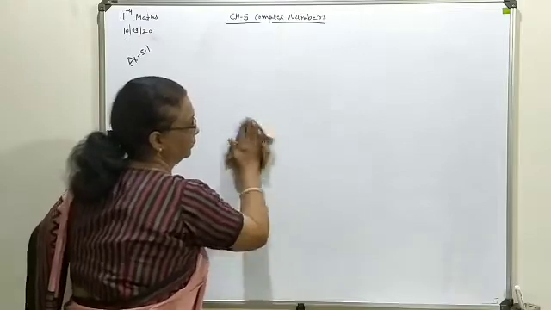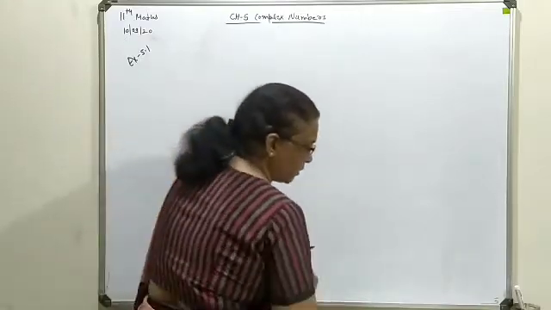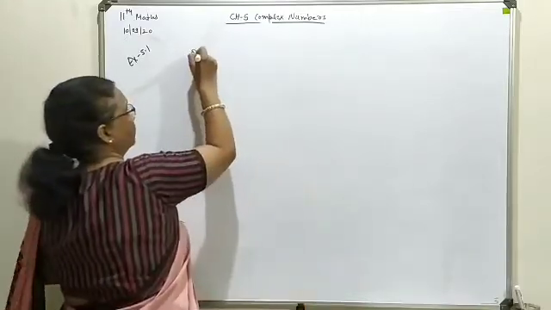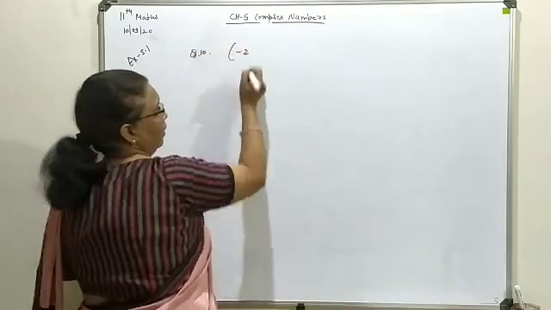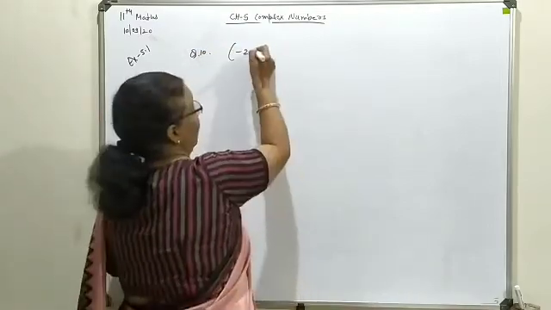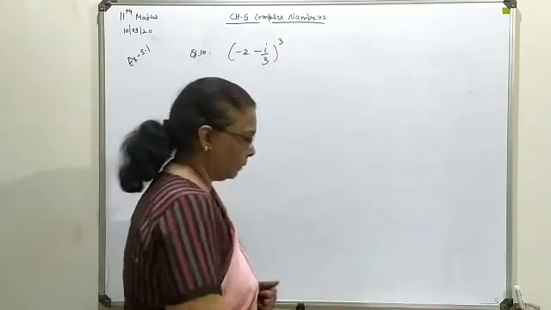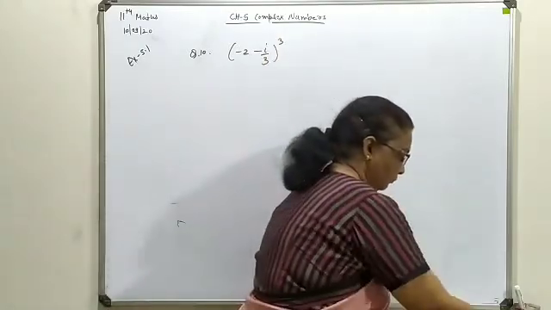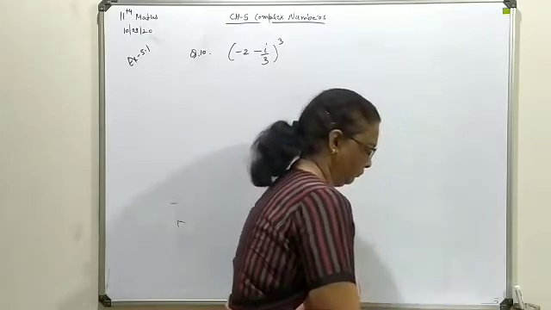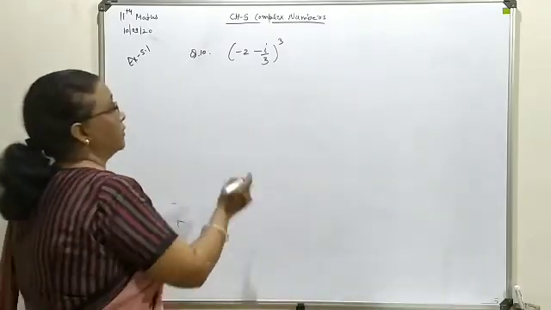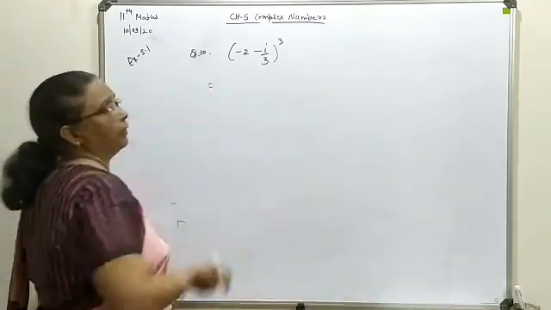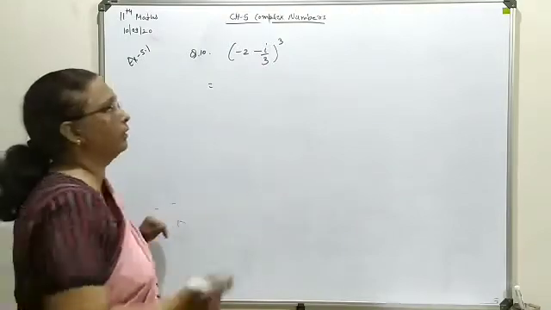In the 10th one, your expression is available as minus 2 minus i upon 3 with a cubic power. Now here first of all this minus we are going to carry outside the bracket.